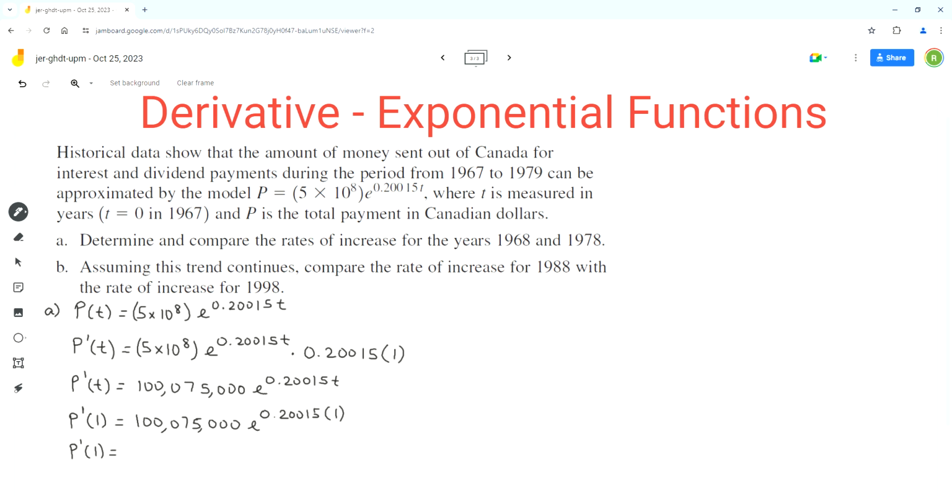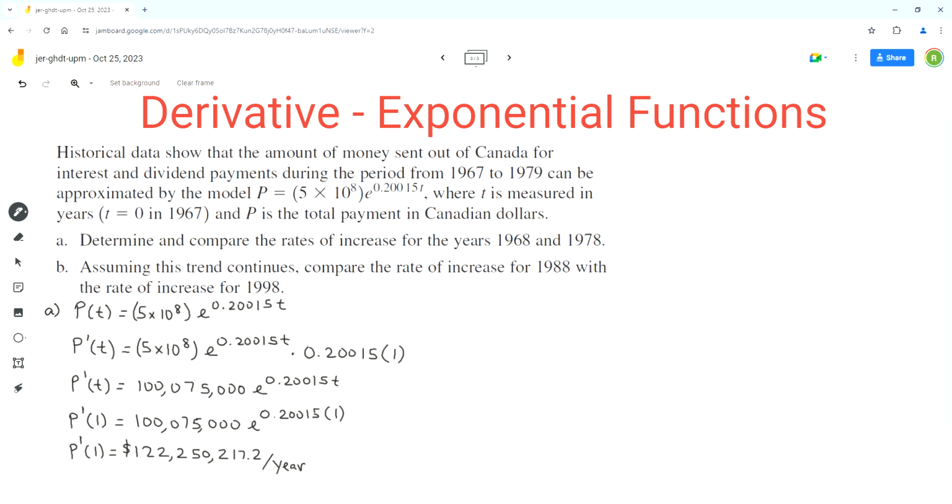So e to the power 0.20015, and I got 122,250,217.2, and the unit is dollars per year because the unit of t is years. So this is the rate of increase for the year 1968.